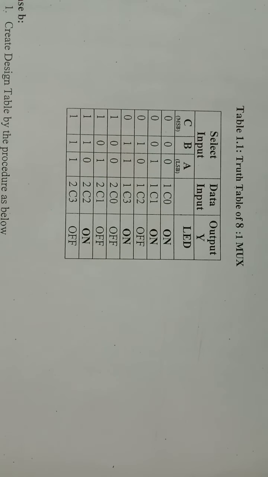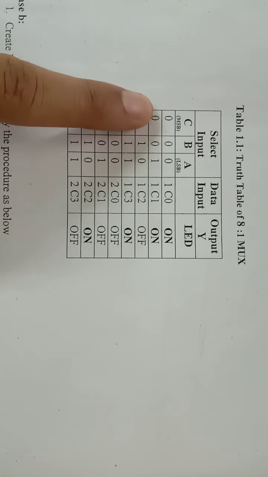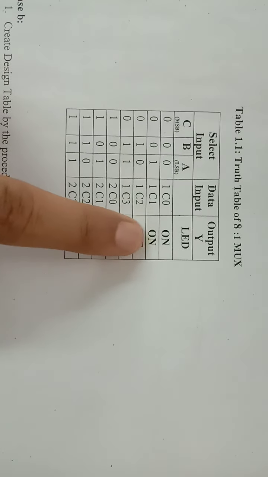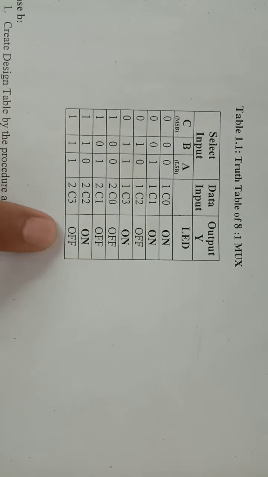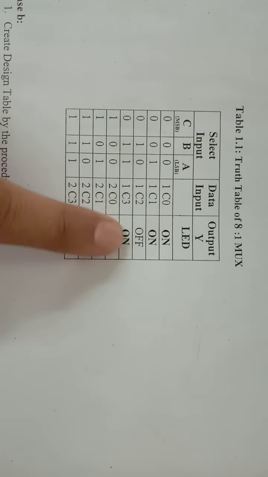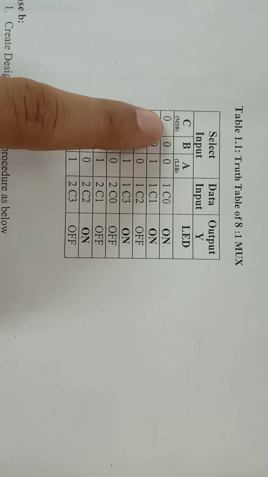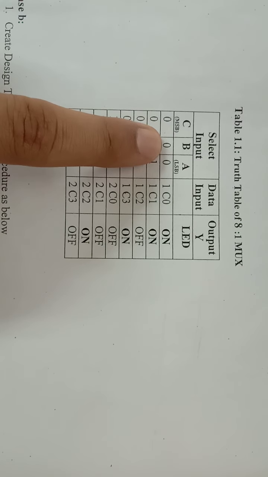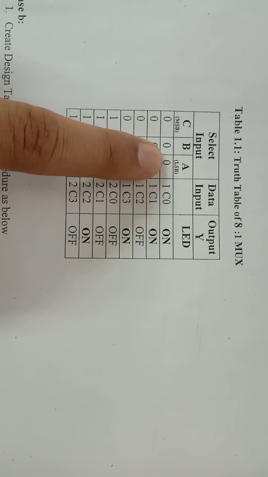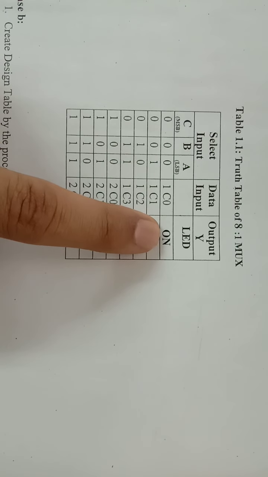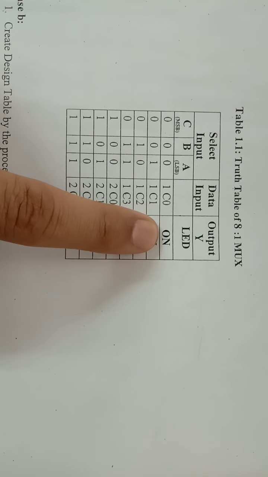Now see the truth table for the 8 to 1 mux, with ABC and the respective data inputs where you connect. If this pin is connected to VCC, and the select lines ABC are all connected to ground, then 1C0 is connected to VCC, so the output will glow and the LED will be on.